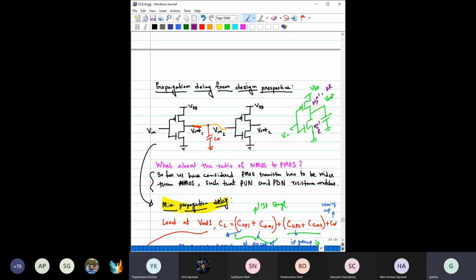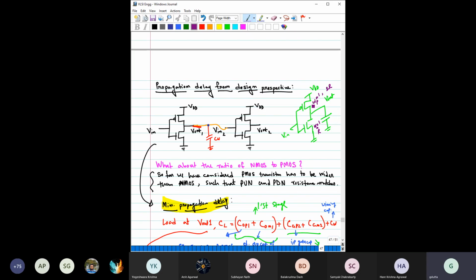Is it not correct that for PMOS the resistance would be higher if you take the same width, because of the lower mobility of holes? For PMOS the hole is the carrier, so mobility is lower.